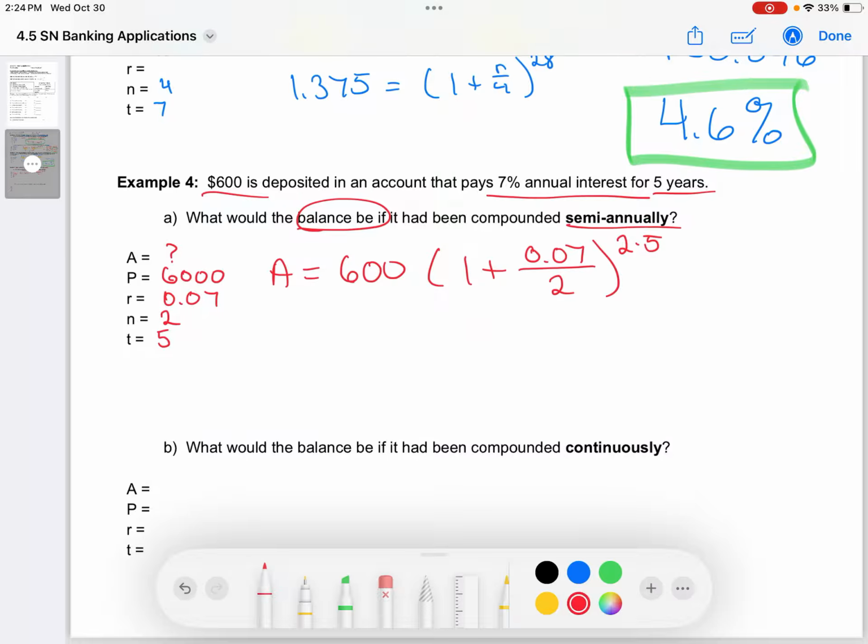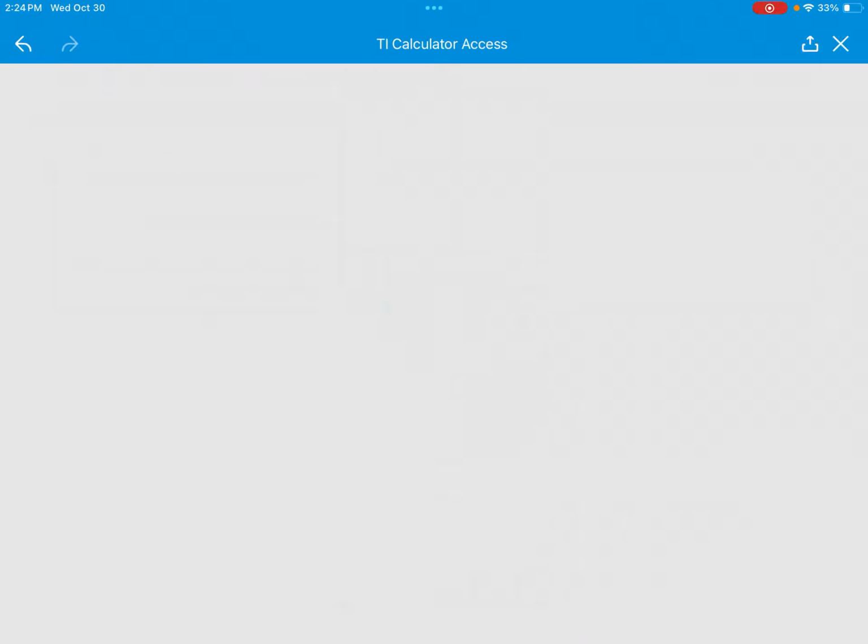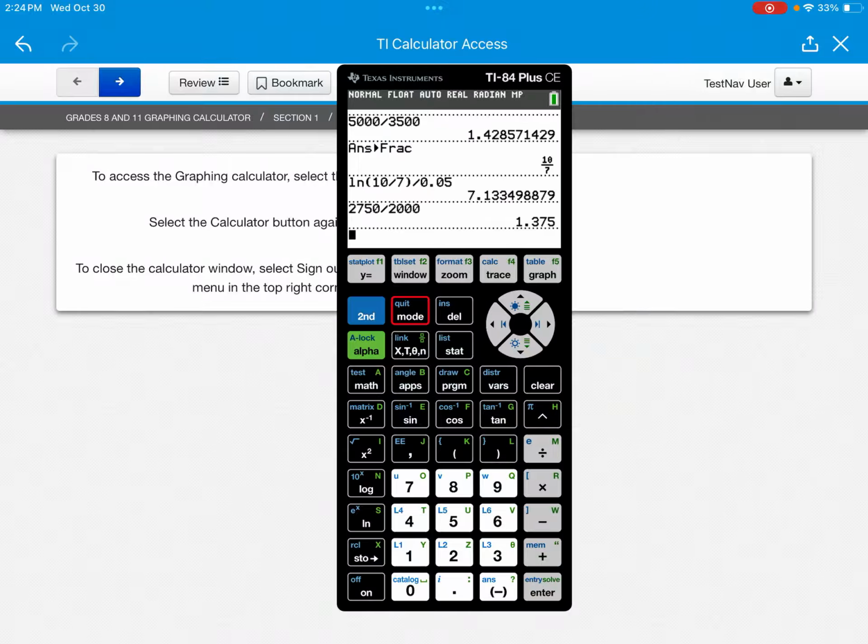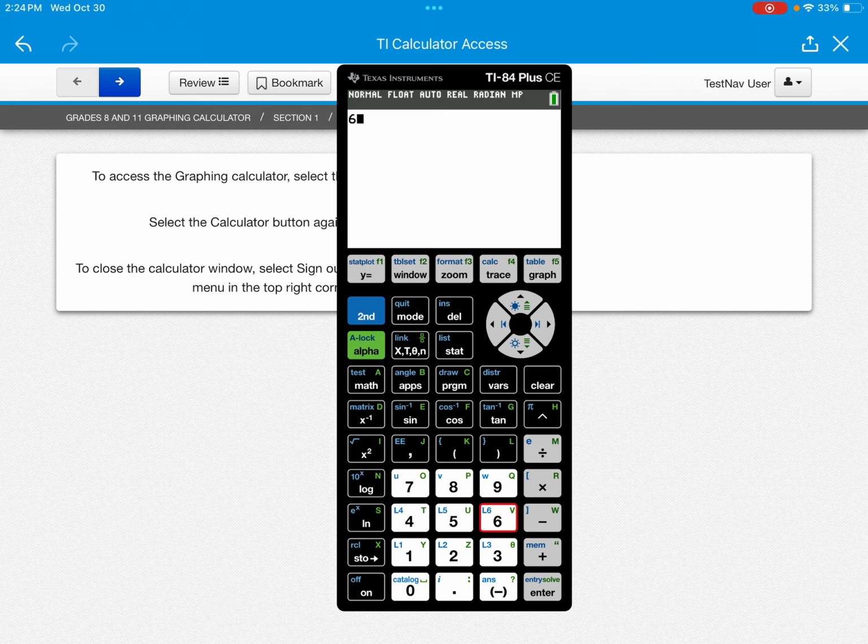Variable's already by itself on the left. Type this in the calculator. Second quit, back to the home screen. 600 times 1 plus 0.07 over 2, close parentheses, to the power of 10, multiplying the 2 and the 5. Enter.